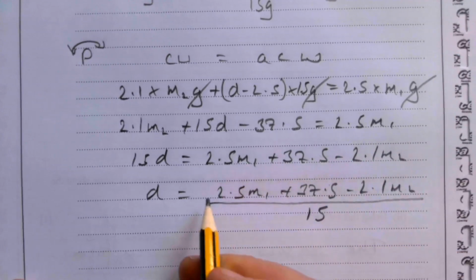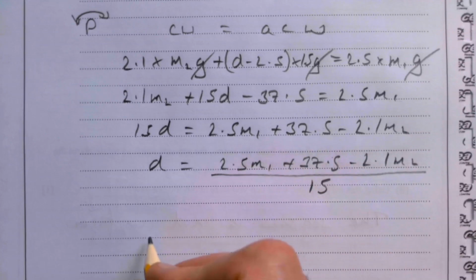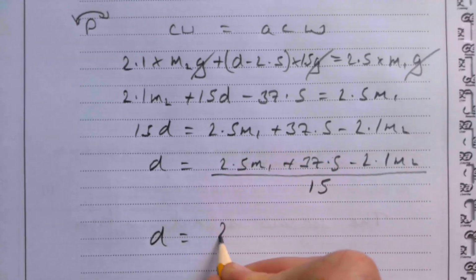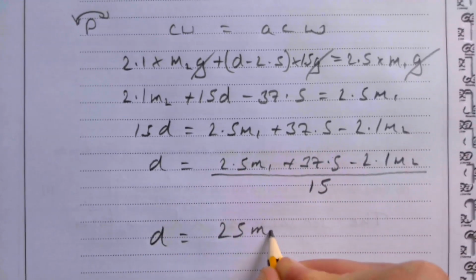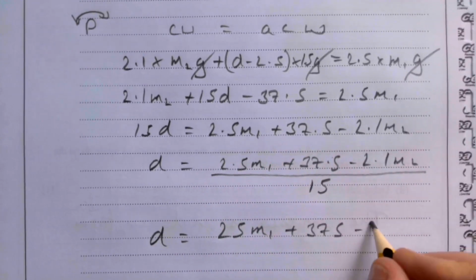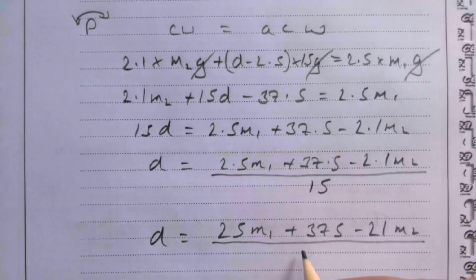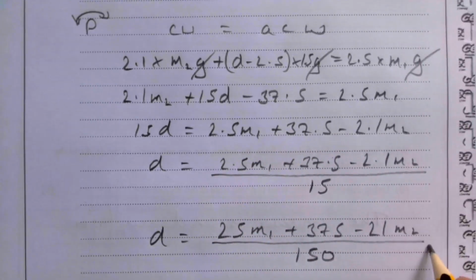And again, with decimals in the fraction here, we multiply top and bottom by 10. So my distance is 25 m1 plus 375 minus 21 m2, all over 150, and that is in meters.